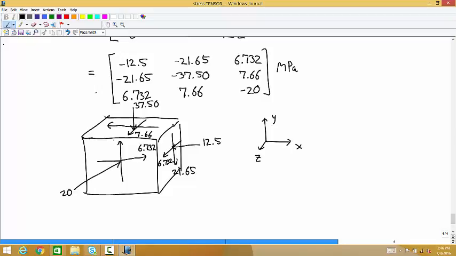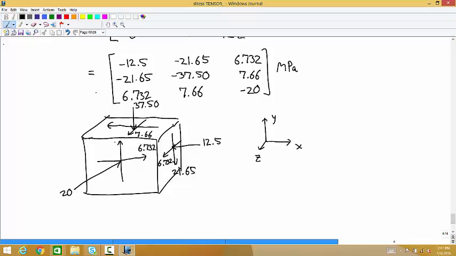Somewhere there's a coordinate system where the normal stress is as positive as it can be, and somewhere there's an axis where the normal stress is as negative as it can be. Those are the values that we're going to be trying to find, and that's what we're going to use this eigenvalue problem for, to calculate the principal stresses. Any questions about that?